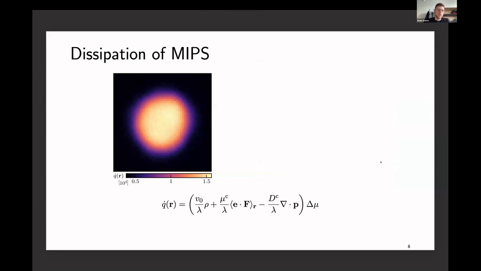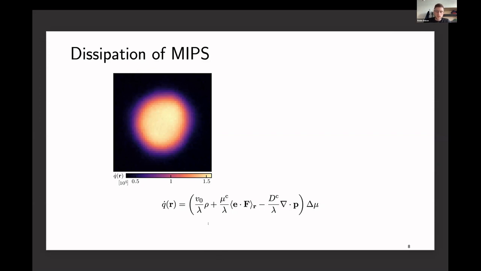And because particle density is highest in the cluster, the dissipation rate is highest in the cluster as well. So this tells us that this first term here, which is essentially a housekeeping term, so wherever particles are present, they will dissipate a certain amount of energy, is the dominant contribution to the dissipation rate.